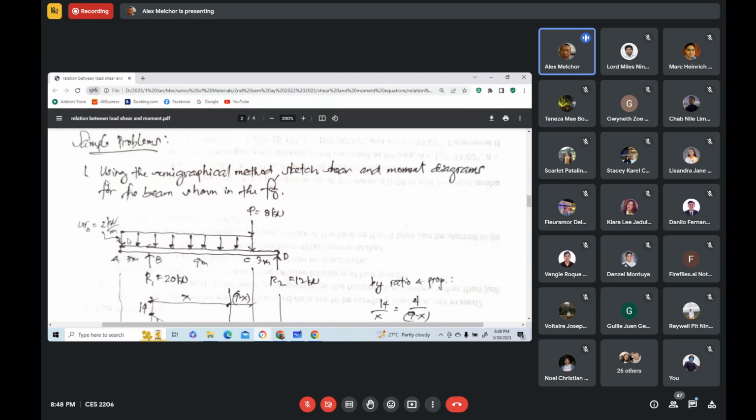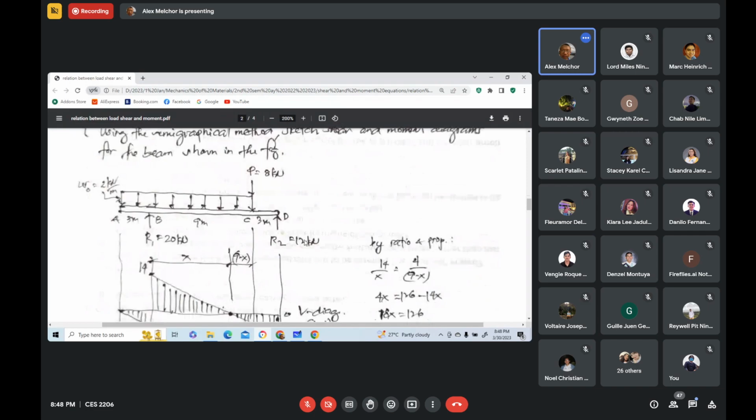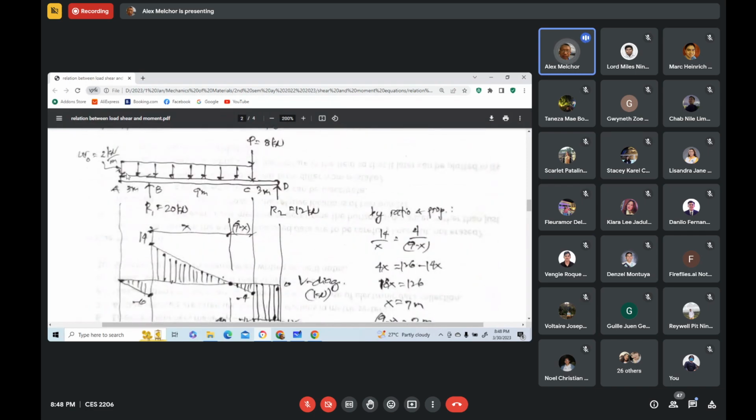So here, using the semi-graphical method, sketch your moment diagrams for the beam shown in the figure. This one here is a beam, and you notice that the left end is a free end. This is a support, and you can see the reaction. Here is another support.